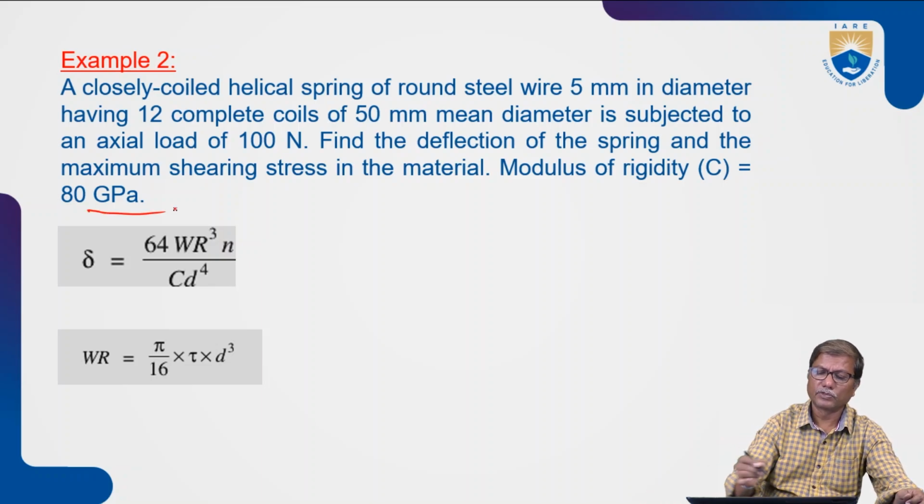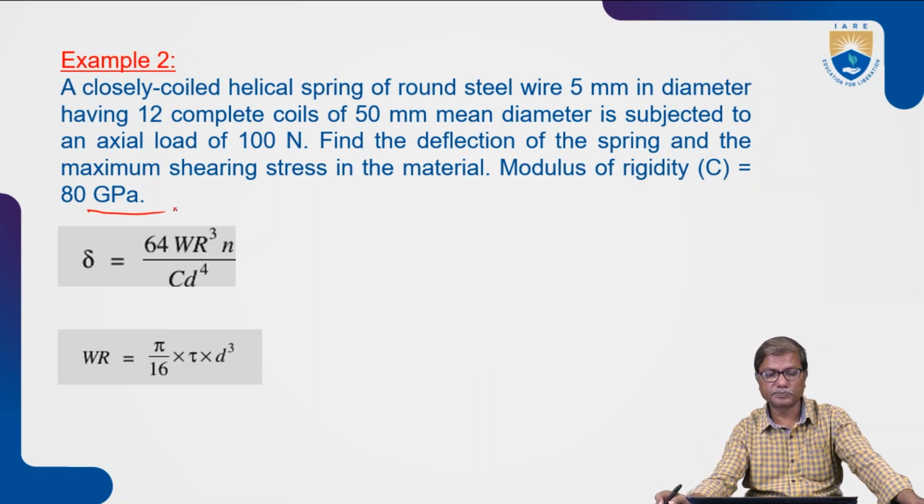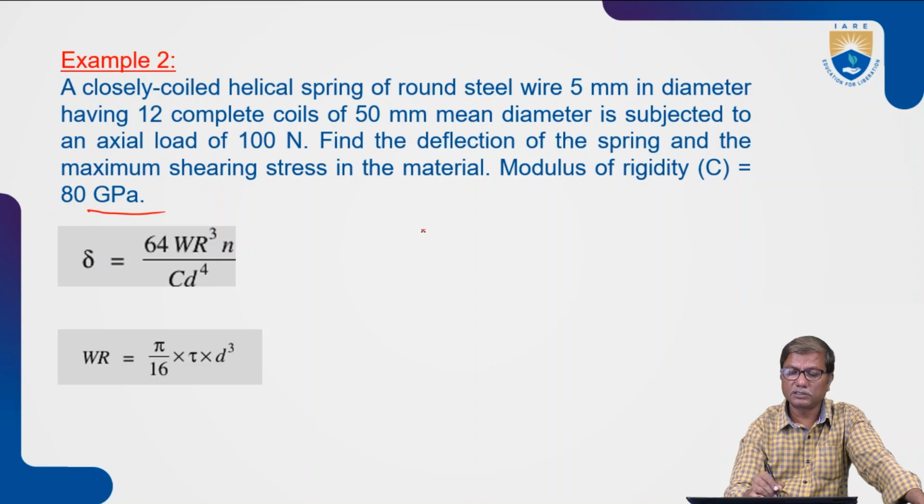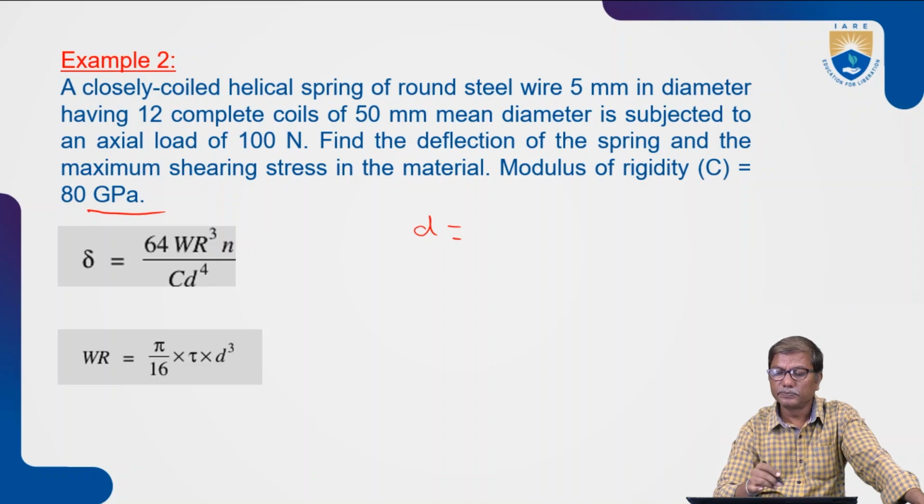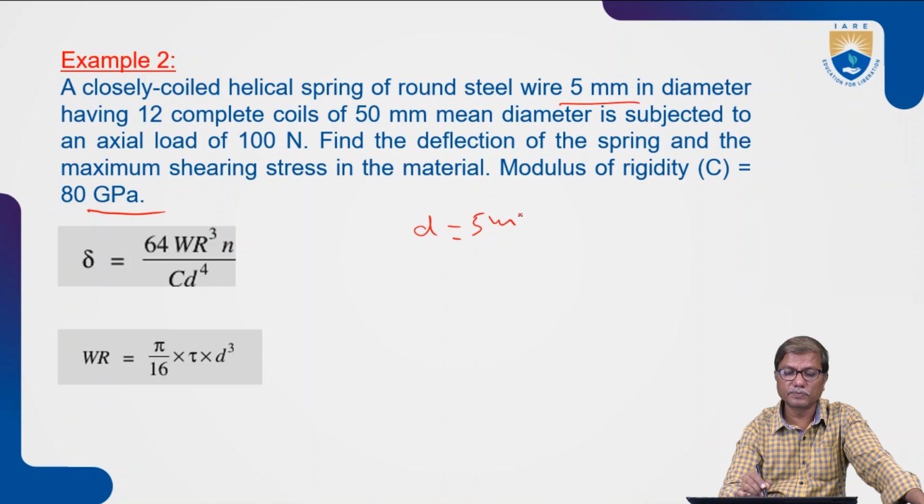GPa means gigapascals. So every detail is given here. The small diameter, small d, is 5 millimeters. It is given, and what else is given?